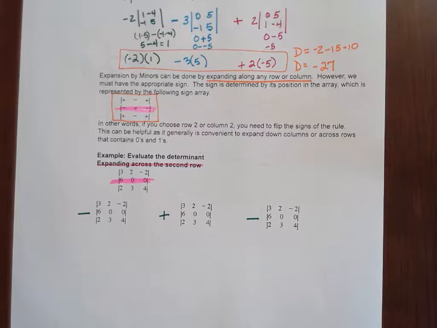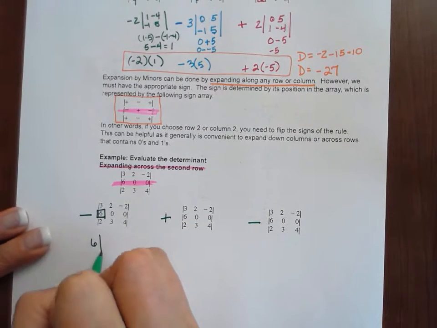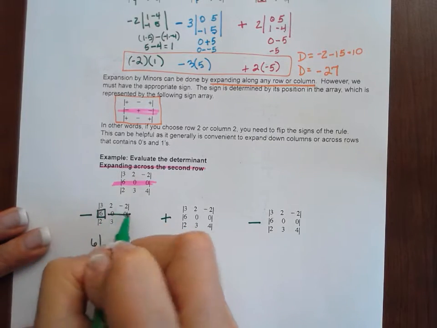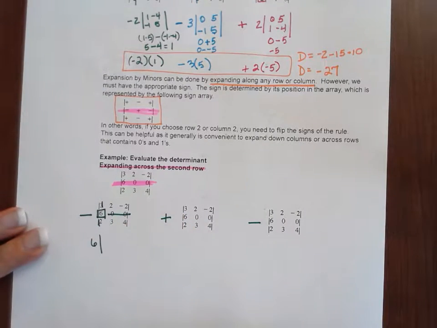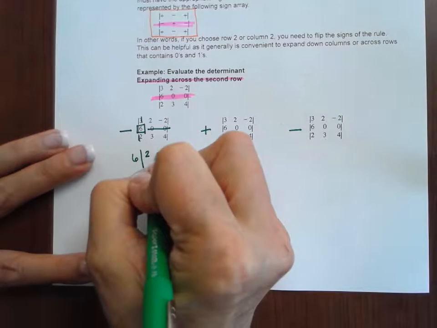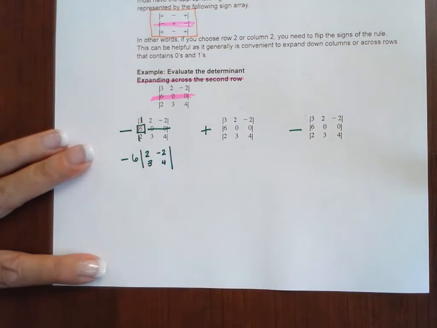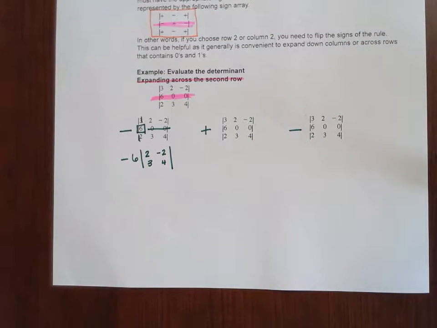Okay, so now my first one is going to be the 6. And if I cross out my rows and columns, I'm left with 2, negative 2, 3, and 4. Good? Am I going too fast?